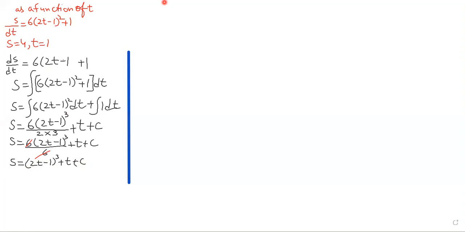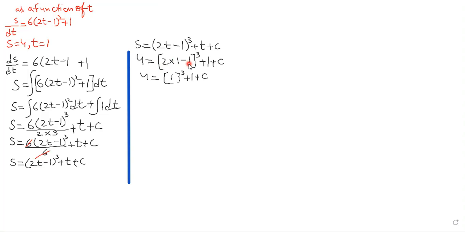S equals, first of all, I'm writing the equation which I have written in the last place, on the top so we can work easily: S equals (2t minus 1) whole cube plus t plus C. Now in place of S, I'm going to put 4 equals (2 into 1 minus 1) whole cube plus 1 plus C. So 2 ones are 2, and 2 minus 1 will become 1, whole cube, plus 1 plus C. I've just plugged in the values of S and t and now I'm simplifying it.